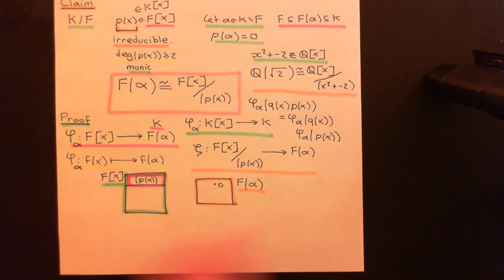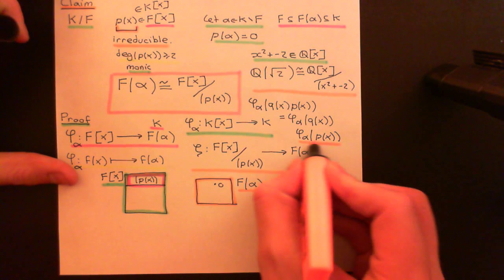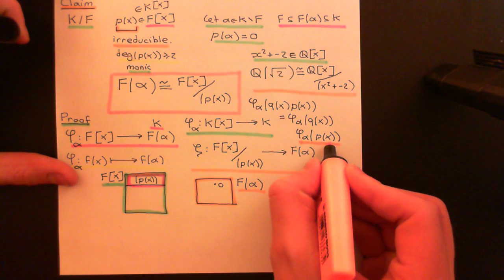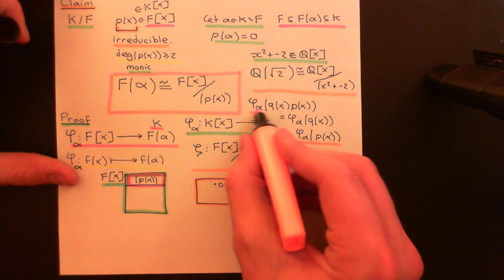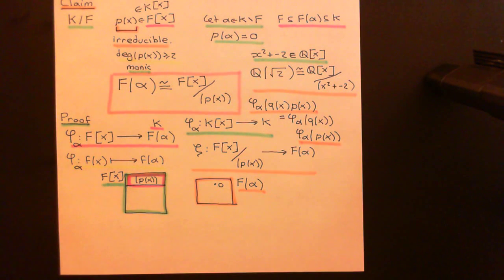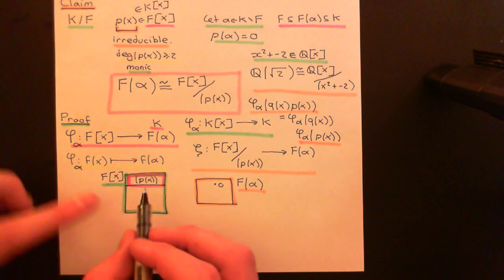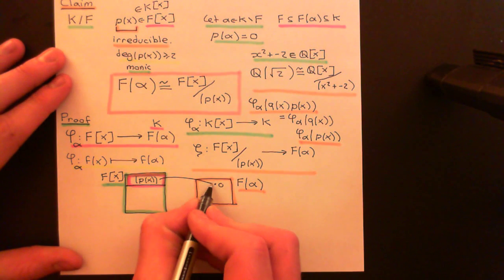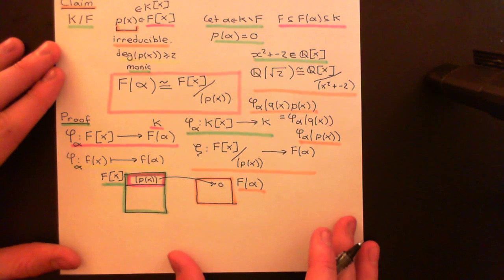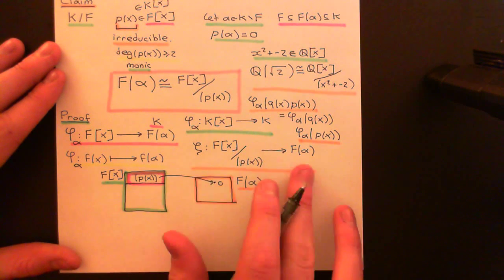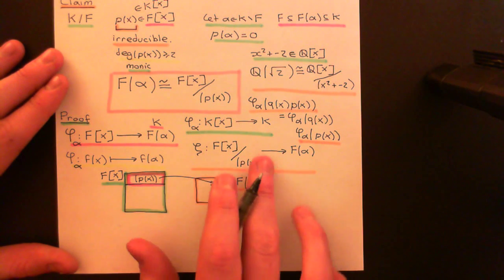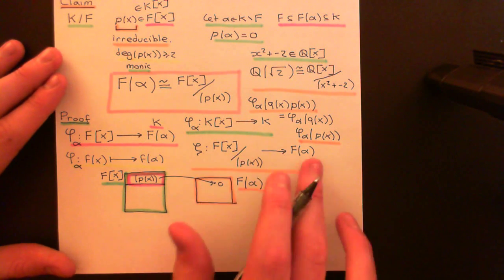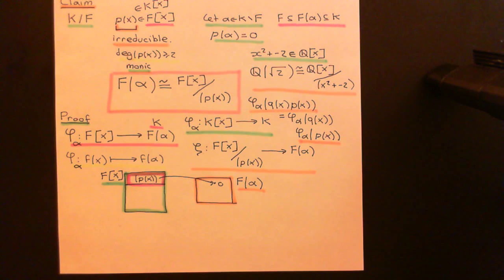Now why is that so nice? Well, because this is of course going to equal 0, because alpha is a root of that, and then we'll just be multiplying whatever this is by 0, so the answer will overall be 0. So actually all the elements in the principal ideal generated by p of x are going to be mapped onto 0, every last one of them, and that should hint at how I'm going to be able to successfully define a map from the cosets in the quotient ring here onto the field generated by alpha over f.